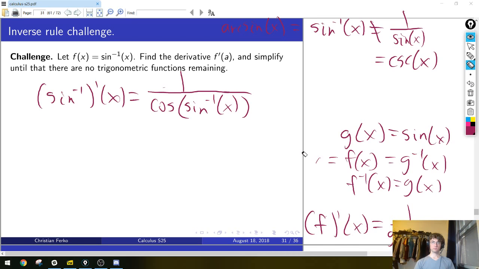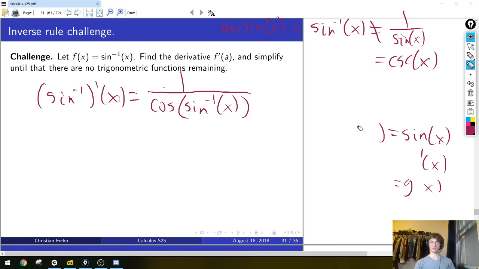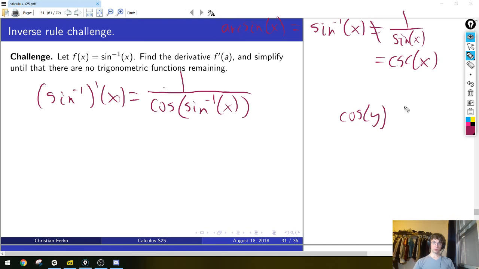I remember it being asked before. Good, okay. Well, the hint is Pythagoras. Can you see a way to use Pythagoras to simplify this? Cosine of y by Pythagoras is square root of 1 minus sine squared y for any y.